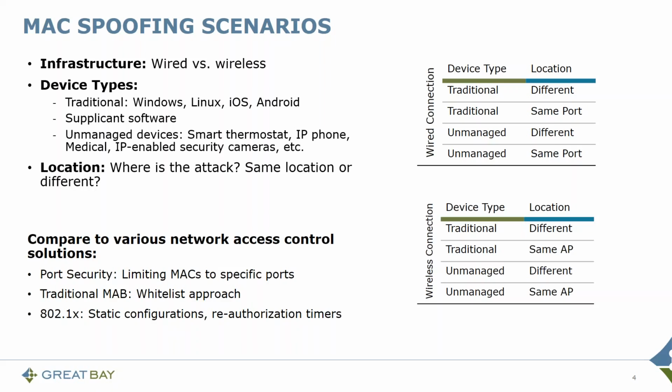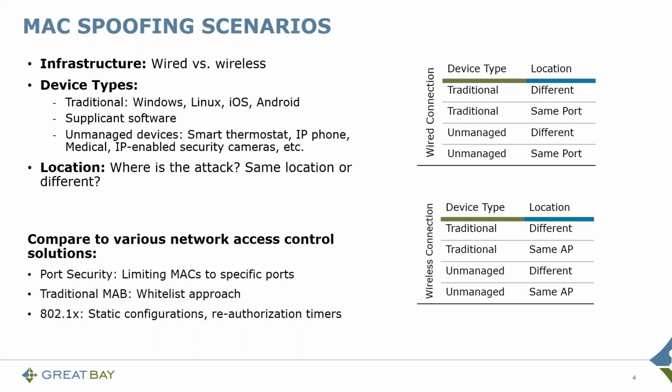802.1x, which is the next step up, is really great when it comes to traditional devices because it's certificate-based authentication. So instead of just a MAC address, there's an actual encrypted key that gets exchanged, or user credentials that get exchanged as part of that authentication. There are two downsides to that. One is it only works on traditional devices, so you're back to square one and leveraging an older type of solution for your unmanaged devices.